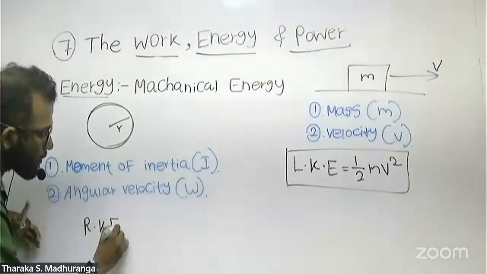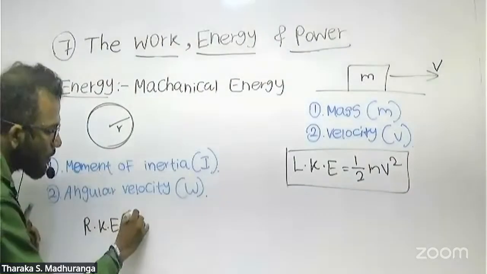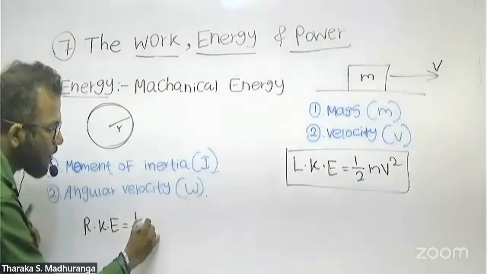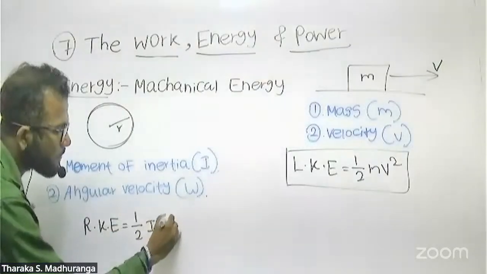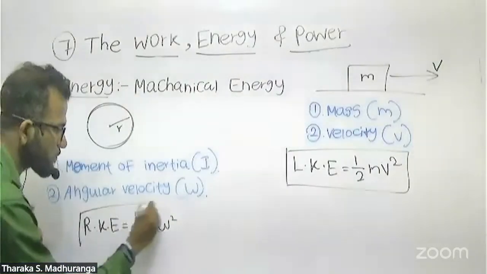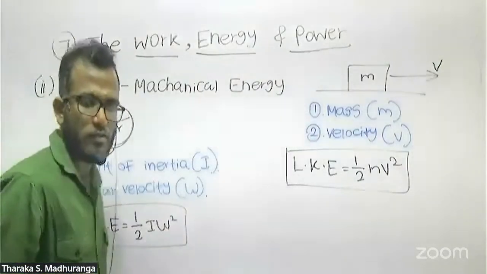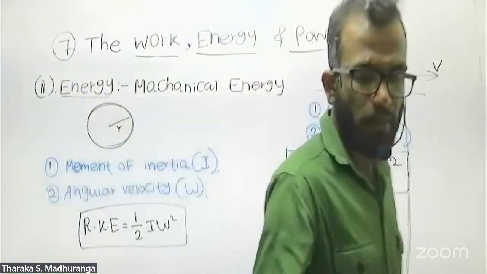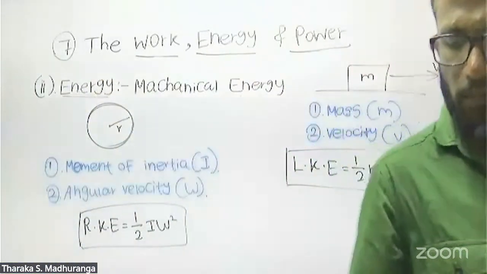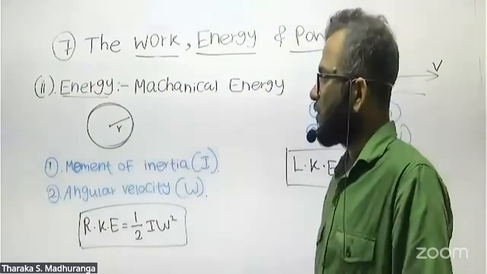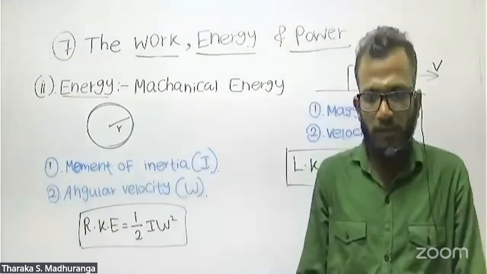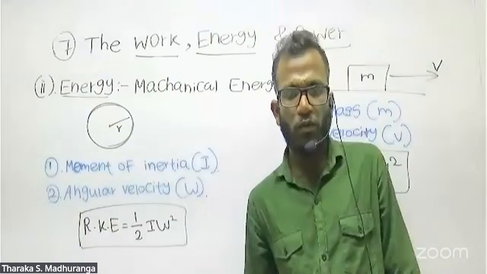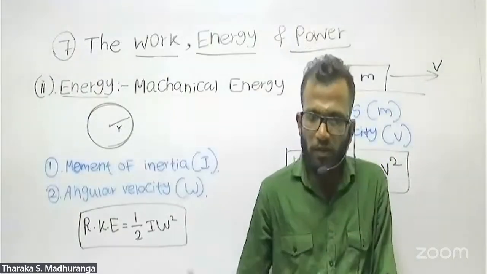Rotational kinetic energy equals half I omega squared. That's today's lesson. If you write down this note, that's today's lesson we discussed.